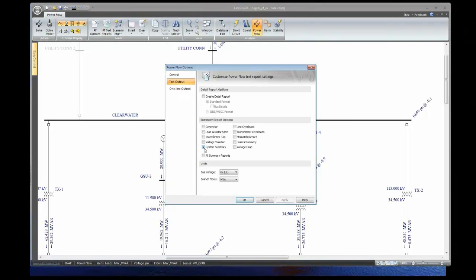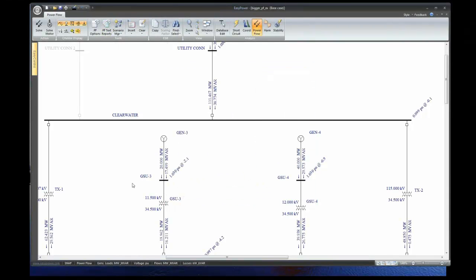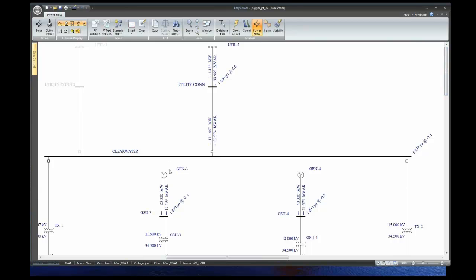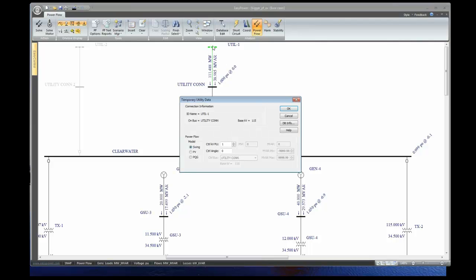So let me turn that off so it's not going to bother me. So what happens? Well, let's take a look at these voltages here. Why is this voltage 1 per unit? Well, because it's a source, and we've told the program that it's 1 per unit right here. That's by definition.